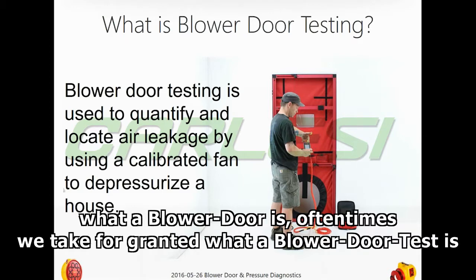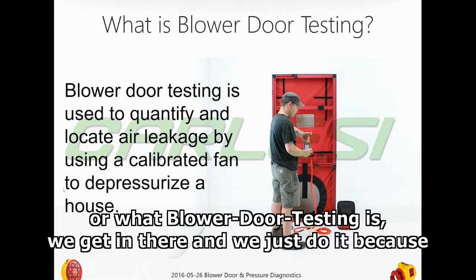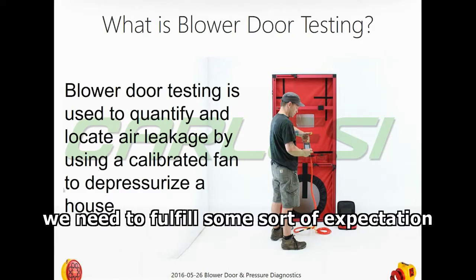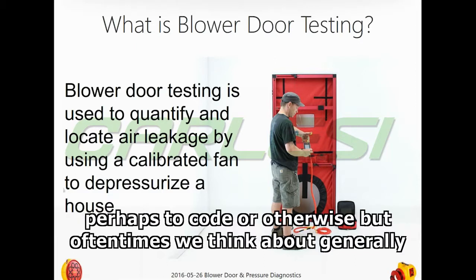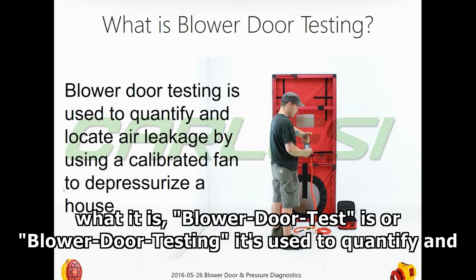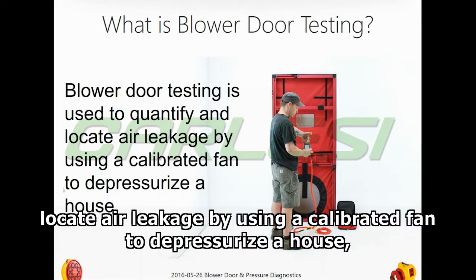So let's talk about what a blower door is. Oftentimes we take for granted what blower door testing is. We get in there and we just do it because we need to fulfill some sort of expectation, perhaps a code or otherwise, but we don't really think about what it is. Blower door testing is used to quantify and locate air leakage by using a calibrated fan to depressurize a house.